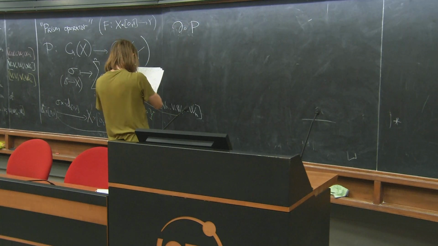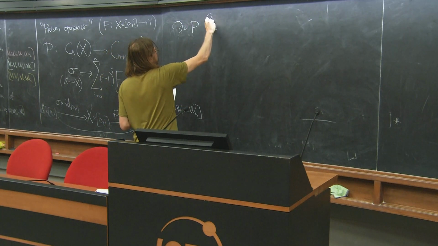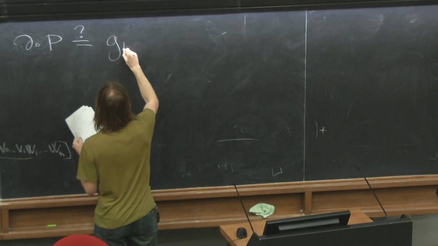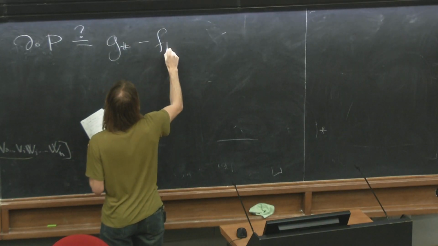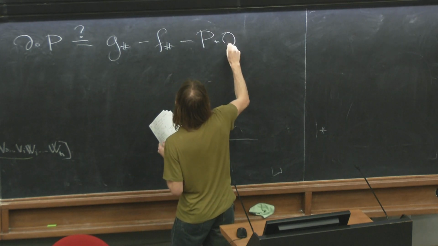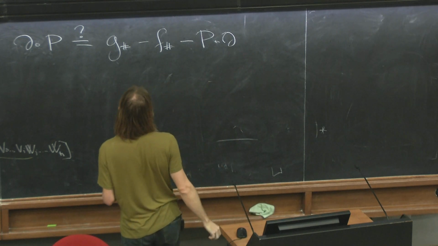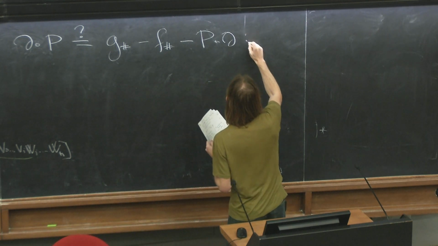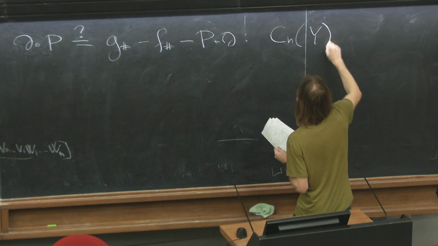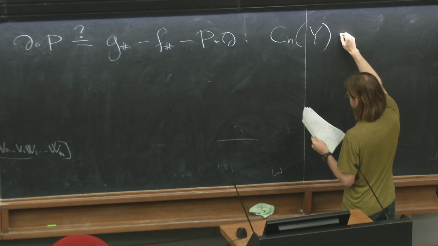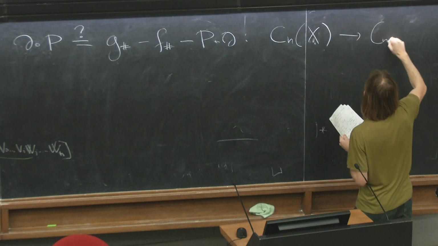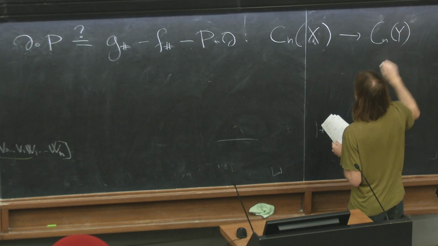We'll need to show the following identity between homomorphisms, as an identity between homomorphisms from Cn of X to Cn of Y.